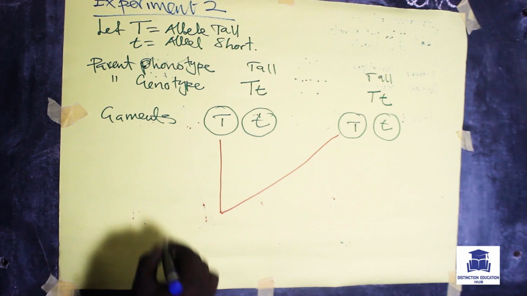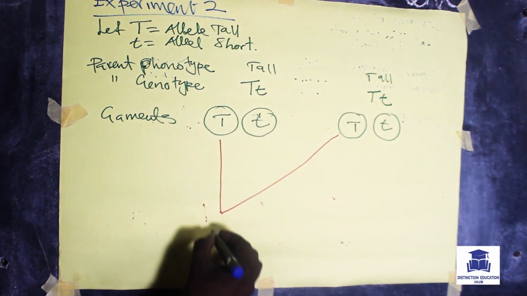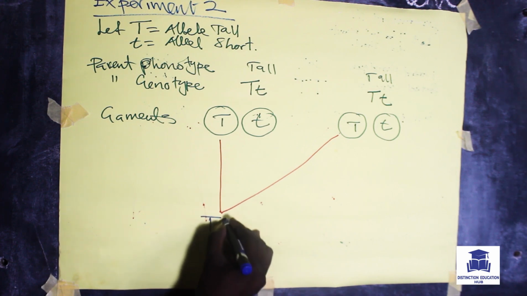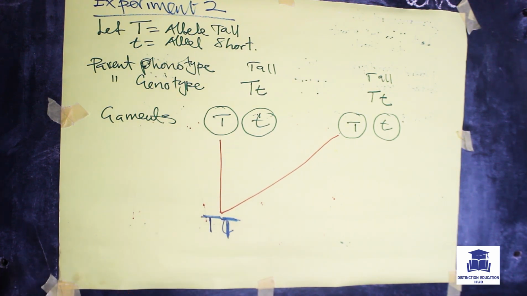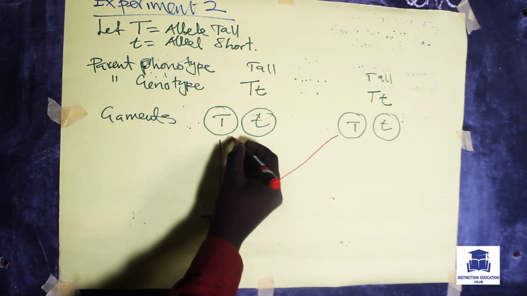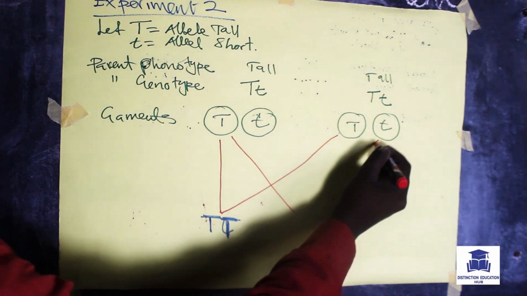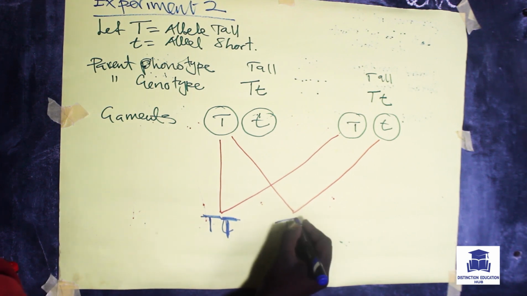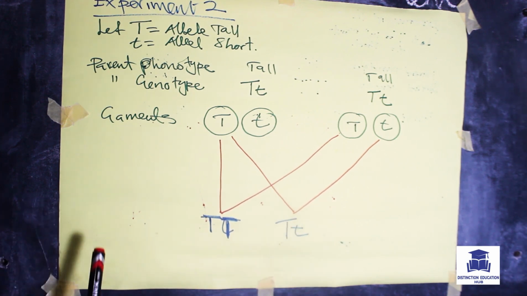So our offspring will be, we'll have that. And again, we'll do the crossing with that, and we'll have capital letter T and small t pairing up like that.